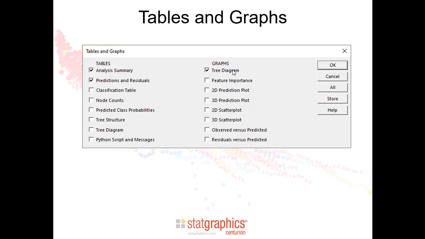Things like the tree diagram, of course, are specific to decision trees. You'll also notice in the bottom left an option to display the Python script and messages. This is the script that's actually sent to Python and any messages that it returns. It can be important to look at that particular table if for some reason the algorithm could not be run on your data.